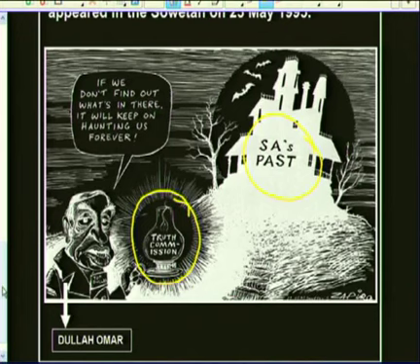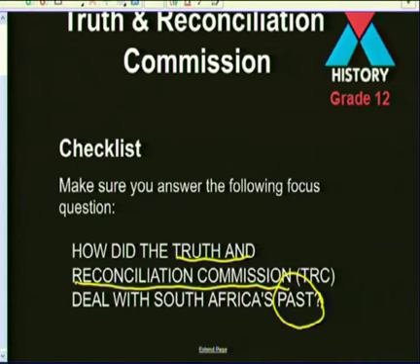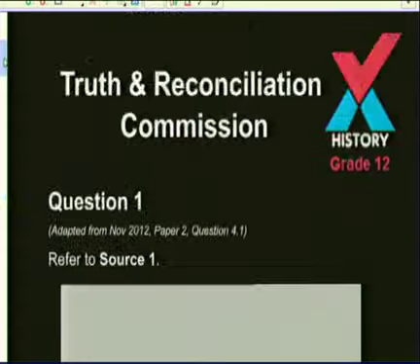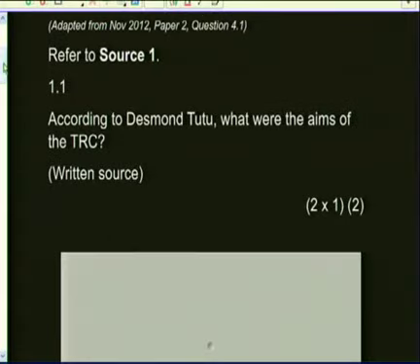Now let's look at the types of questions you are going to get from these sources. Question 1. According to Desmond Tutu, what were the aims of the TRC?